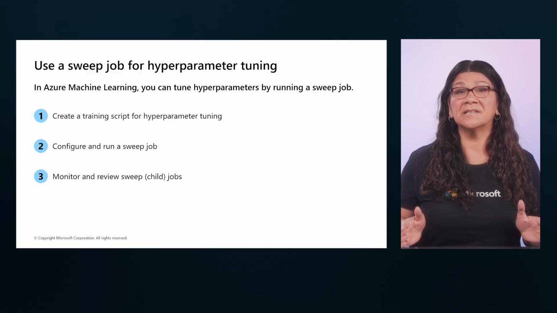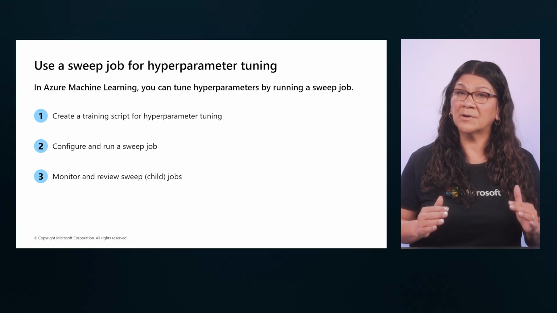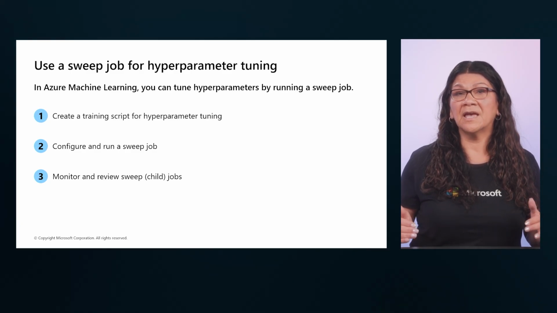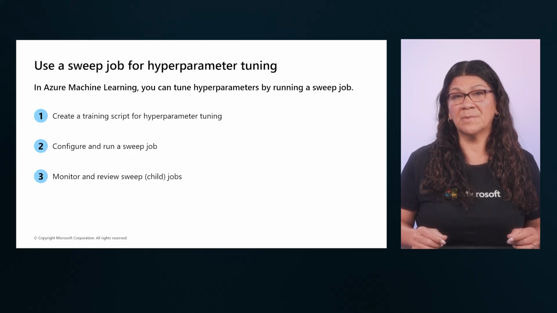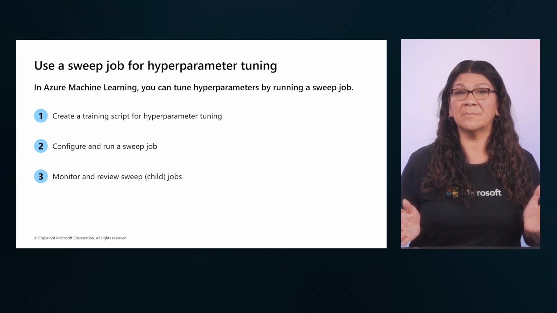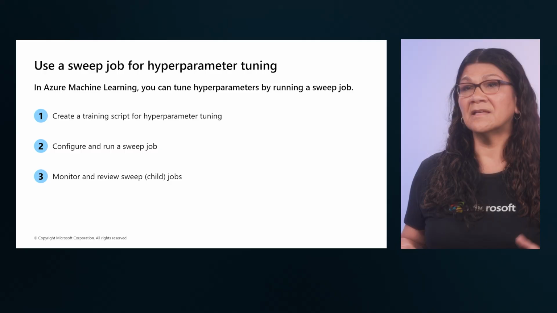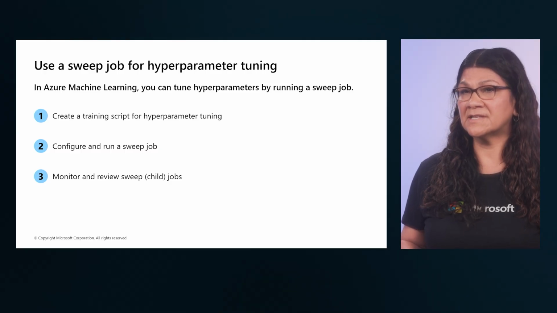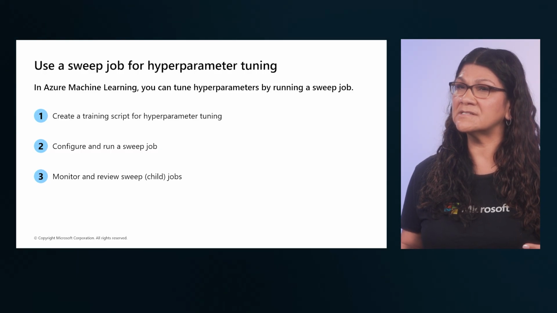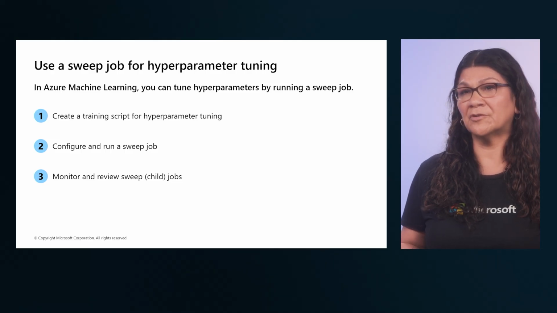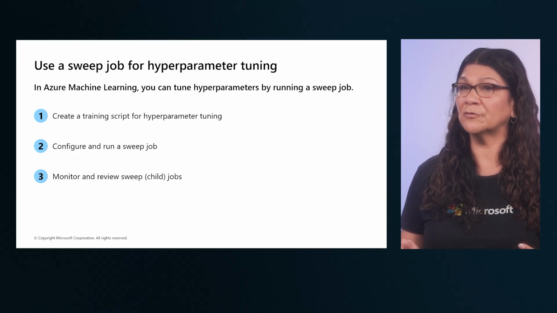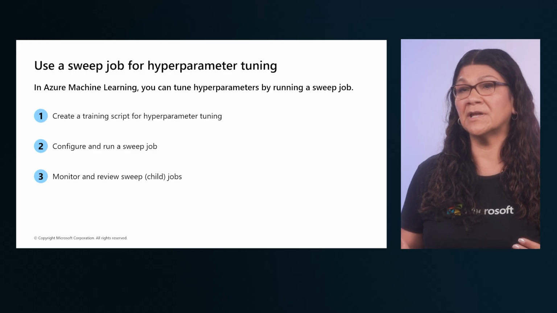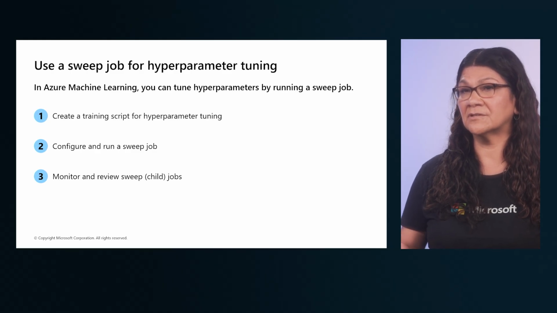Best practice here is to start with a clean, parameterized training script and a clear optimization metric, for example, maybe maximum AUC. Then analyze trial visualizations in the studio to quickly see which hyperparameter values consistently improve performance before promoting a model to the next stage.